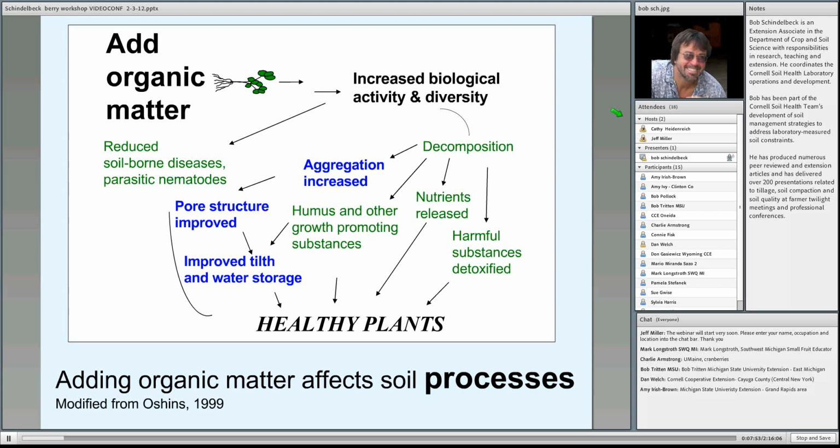Again, it asks for really holding these processes in your mind that are going on in the soil, simultaneous with the idea of managing them with very outside-the-soil actions by a grower.